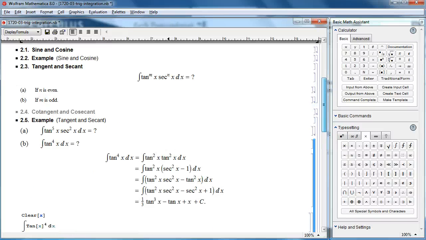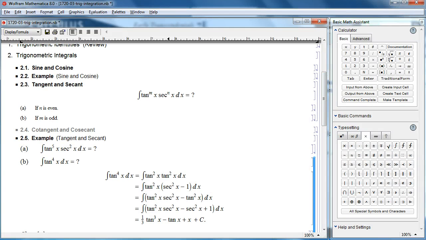Well, here we go. We can decompose tangent to the 4th power into tangent squared times another tangent squared. Does it look unnatural? Actually, this shouldn't, because at this moment everybody should recognize that sine squared and cosine squared are interchangeable by the Pythagorean identity.